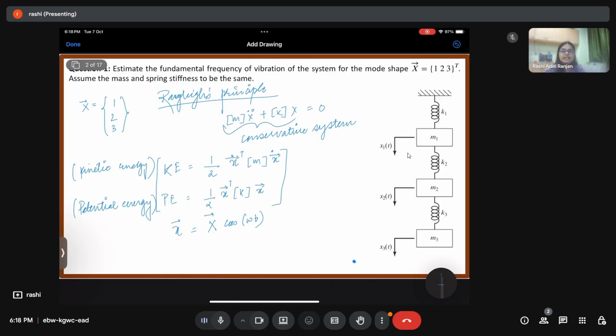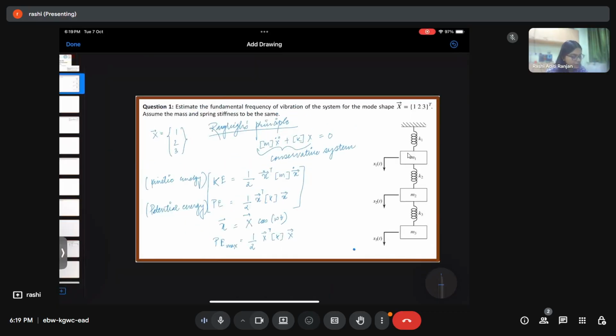Now, if this is the solution, then corresponding to this we can evaluate the maximum kinetic energy and the maximum potential energy. The maximum potential energy, PE max, is going to be half X transpose K X, correct?